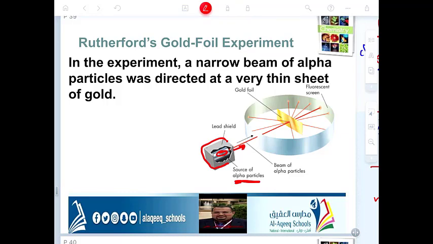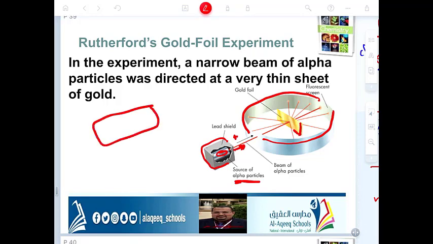Lead shield does this. Here are alpha particles carrying positive charge, and he prepared this metal sheet, which is an incomplete metal sheet here, and made this gold foil.